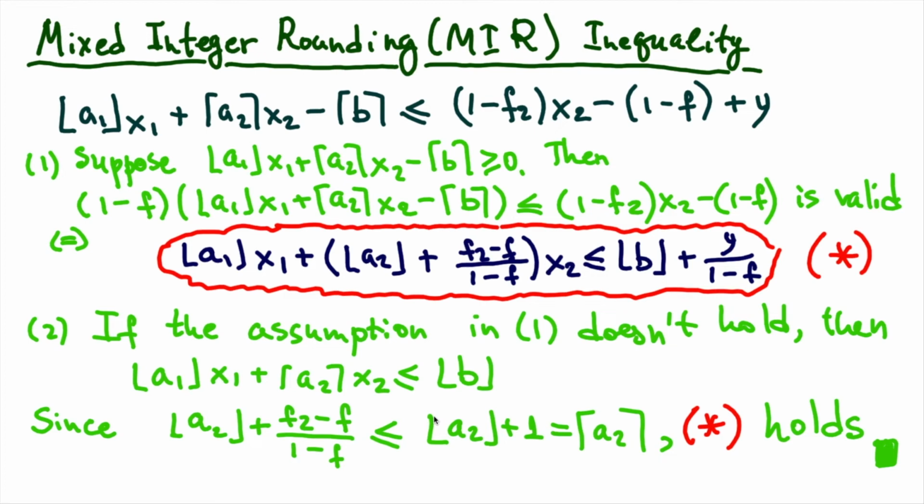Therefore this inequality holds, and by replacing the ceiling of A2 with this expression, we only decrease the left-hand side, and therefore if this inequality holds, then the mixed integer rounding inequality will also hold, and the proof is complete.